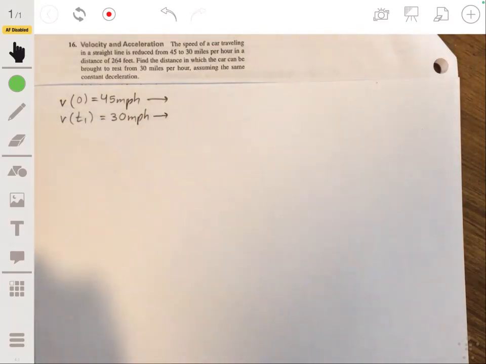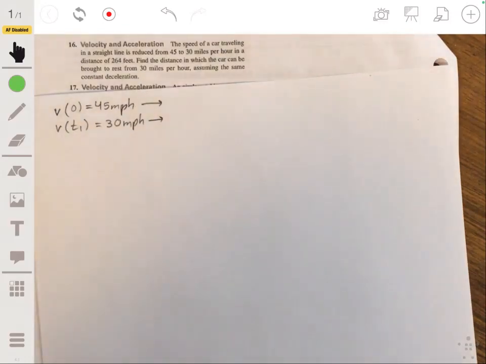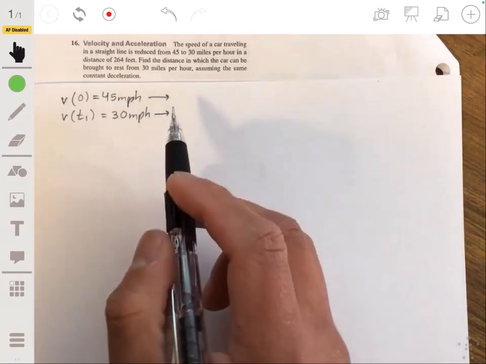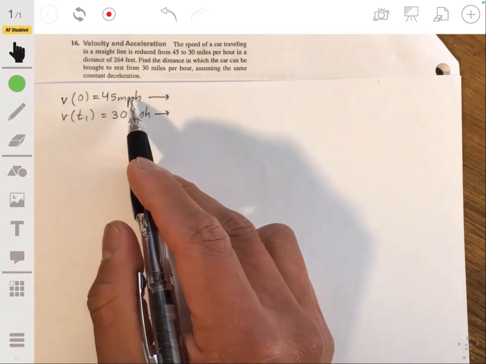Remember, there are 5,280 feet in a mile. So what you essentially want to do is take the number of seconds in an hour and convert this from the number of feet that this will travel in an hour.